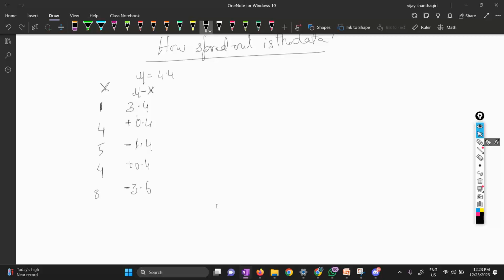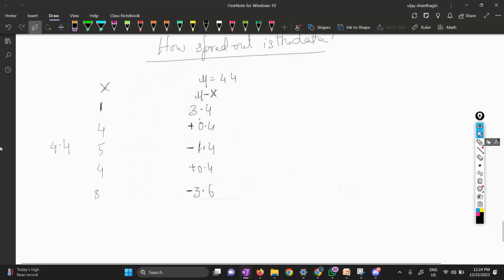So now, what is this distribution telling us? The distance from the center, this is what it tells us. In fact, I should have done this on the side. This is better.